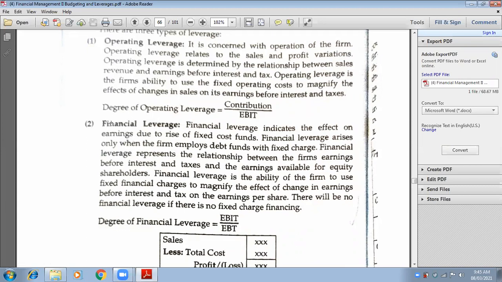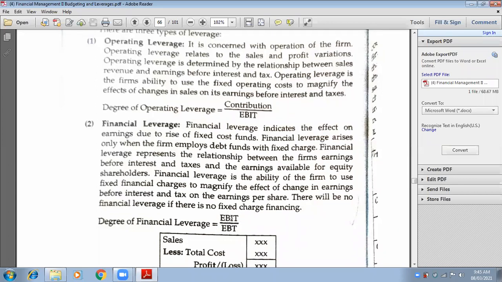Financial means how much funds are borrowed from the outside market in the form of loans, in the form of debentures, in the form of bonds. So these are the types of borrowed funds, and I have to pay them interest anyhow from my profits. So what is my profit? EBIT, earning before interest and tax.